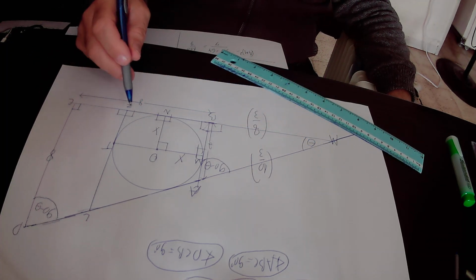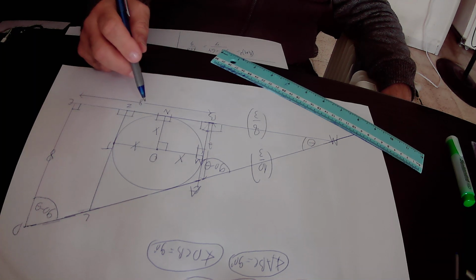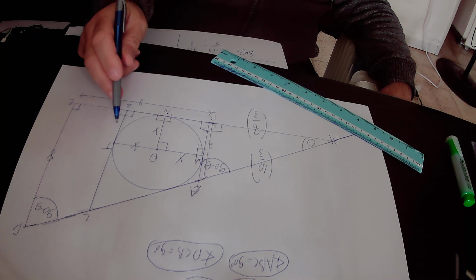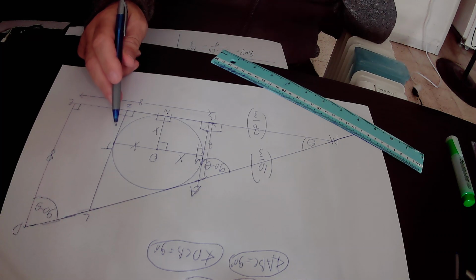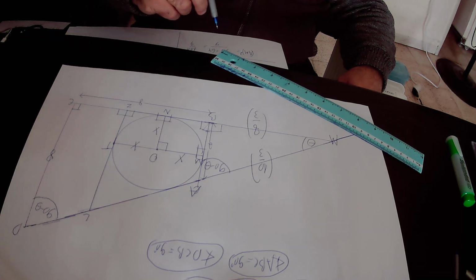OT is the radius of the circle that is equal to X. The radius OT is drawn to point T, that is the point of tangency of tangent LZ with this circle.